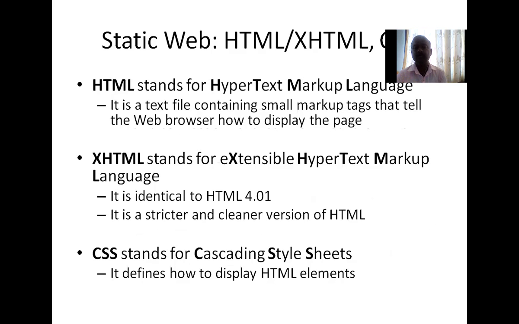XHTML stands for Extensible Hypertext Markup Language, and it is identical to HTML version 4.01, but a stricter and cleaner version of HTML. CSS stands for Cascading Style Sheets. It identifies how to display HTML elements.